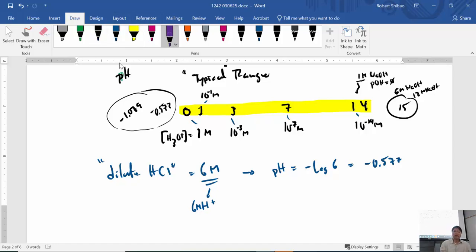And the reason for this, the yellow here, is the typical range. What happens when you get to higher and higher concentrations? As you get to higher and higher concentrations, can you think of something that happens that you don't worry about?